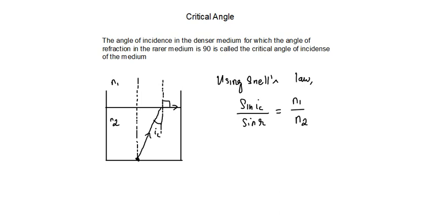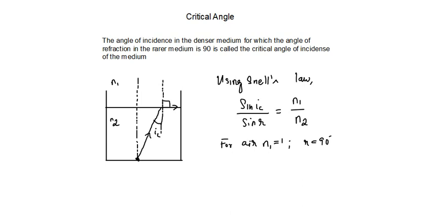For air, N1 is equal to 1, and for I to be IC, the criteria is that R must be equal to 90.